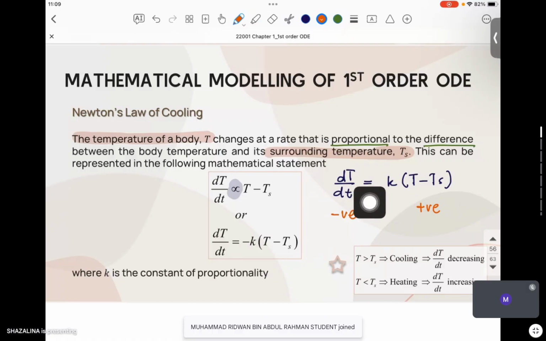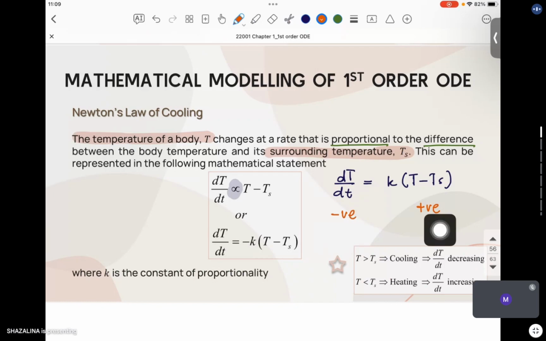Suppose when it represent as equal, bila kita represent as equal, kiri dan kanan must be equal. Kalau kiri negatif, kanan pun negatif. But in this case, for the cooling system, on the left hand side negative, on the right hand side is positive. So what we need to do is make it balance. Macam mana nak balance kan? That's why kita tambahkan negatif di sini.